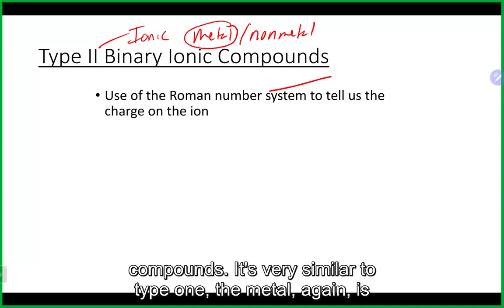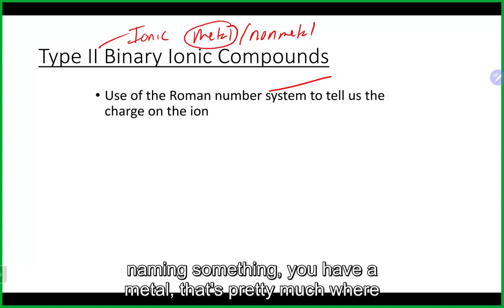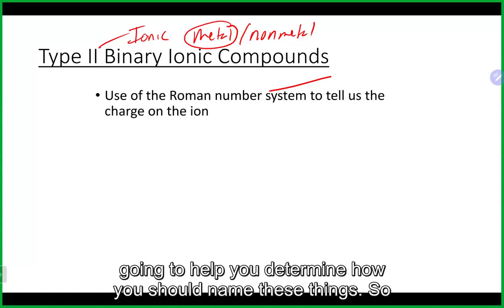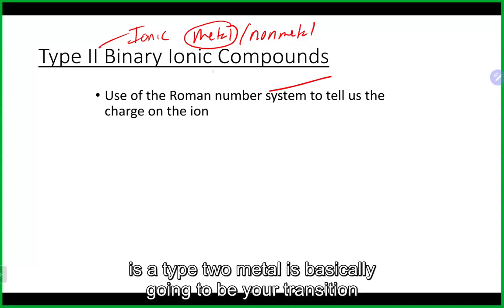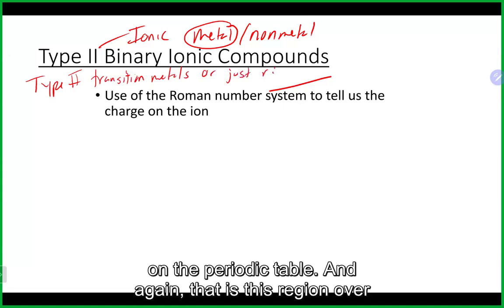The metal, again, is the most important thing. So the take-home message is, if you're naming something, you have a metal, that's pretty much where you should start. You should start looking at the metal. It's going to help you determine how you should name these things. The difference between a type 1 metal and a type 2 metal is, a type 2 metal is basically going to be your transition metals, and those just to the right, as I was talking about on the periodic table.